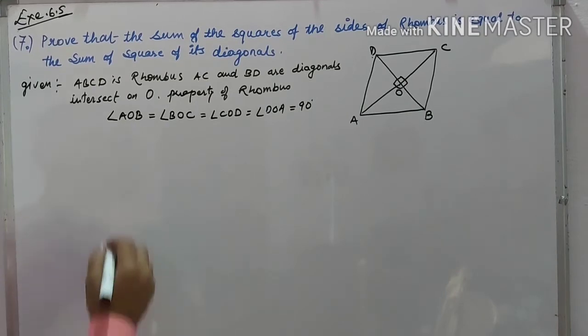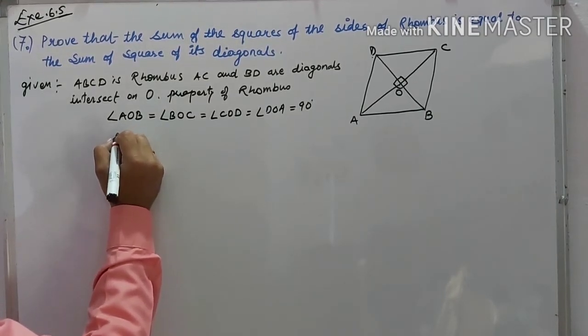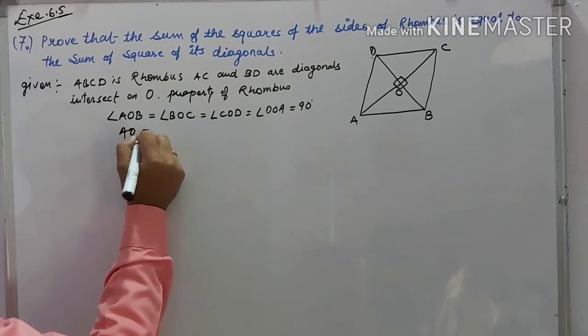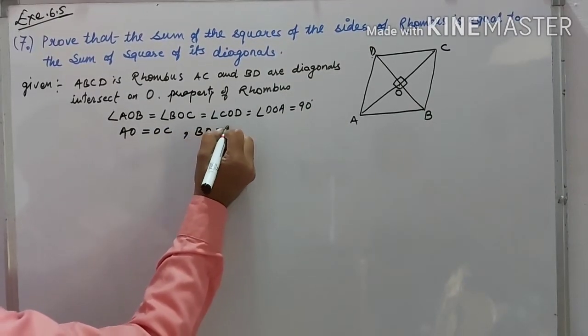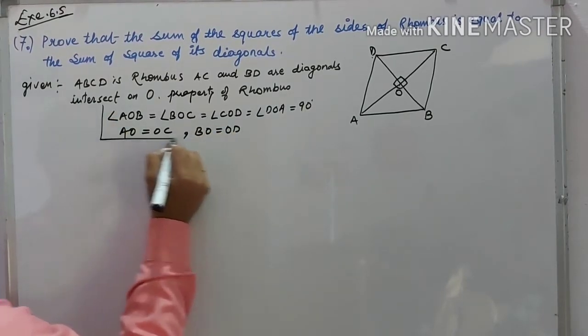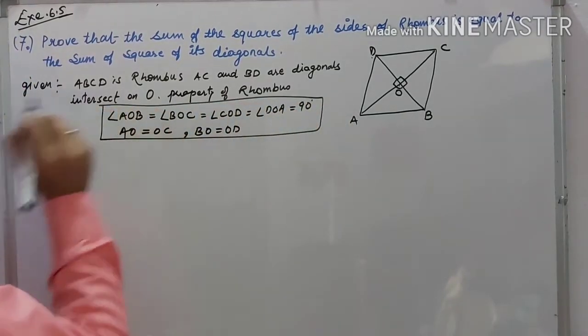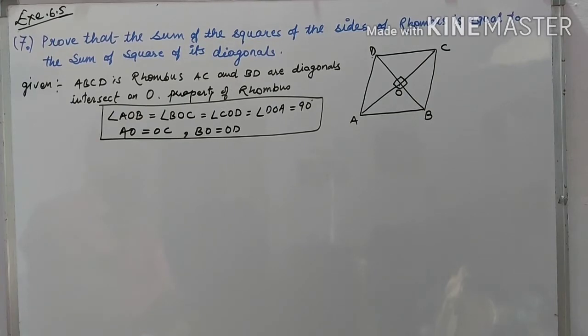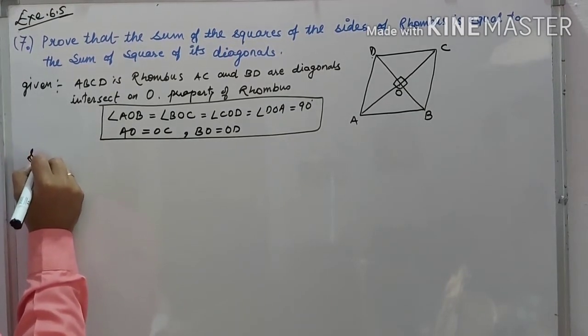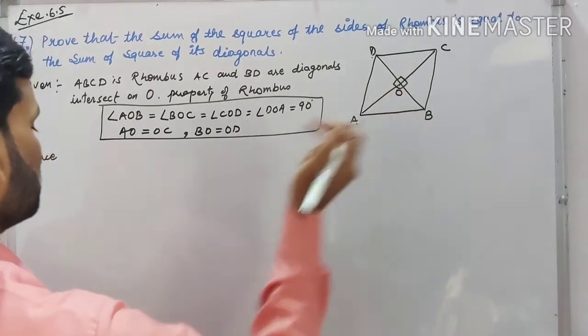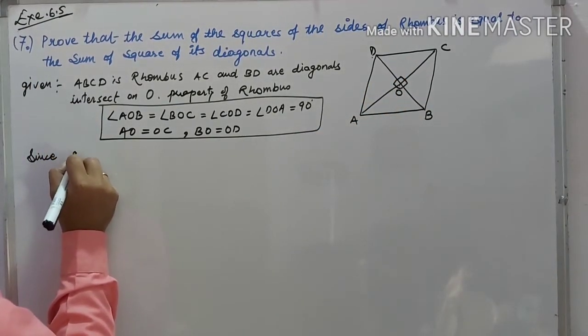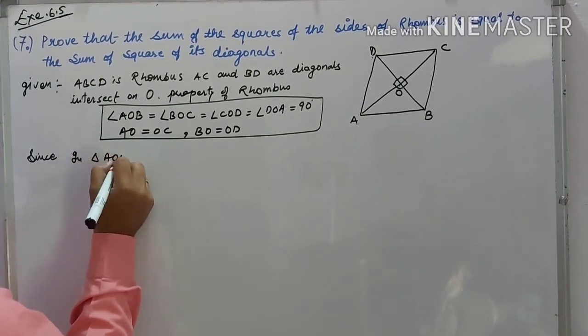And the second property is bisect: AO is equal to OC and BO is equal to OD. These are two properties of the rhombus. Suppose the diagonals intersect at the point O, how many right angle triangles will there be? 1, 2, 3, 4. So choose one, the triangle AOB.